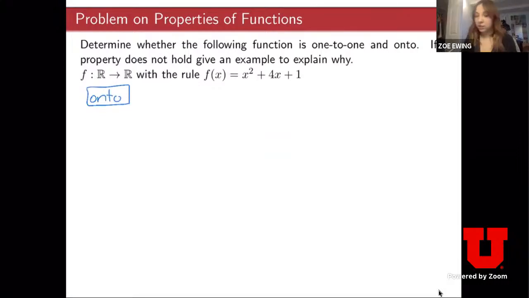Okay, so let's take -4 equal to x squared plus 4x plus 1, and we want to somehow show that x is in the set of real numbers. So how would we solve for x here?